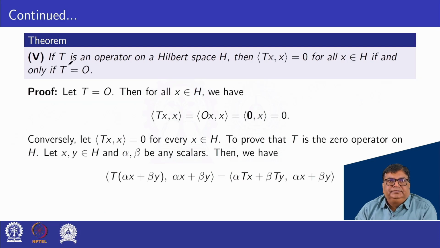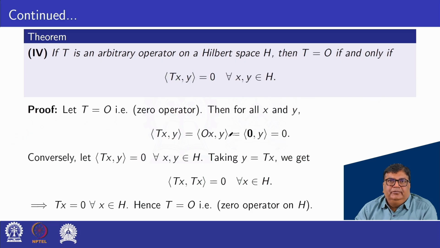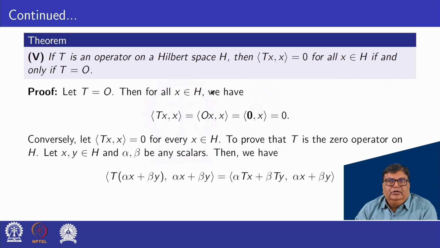Next theorem. If T is an operator on a Hilbert space H, then (Tx, x) = 0 for all x belonging to H if and only if T = 0. So similar to the above theorem, there we had (Tx, y) = 0 and here (Tx, x) = 0.